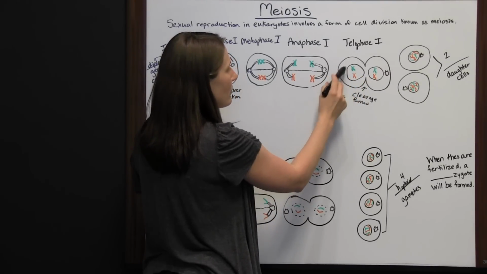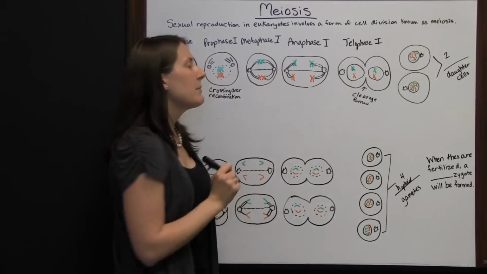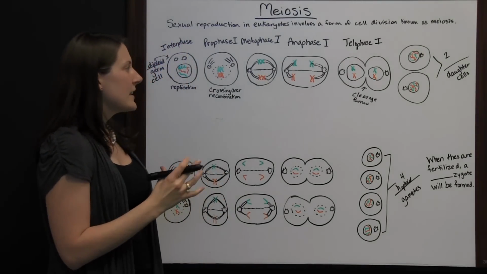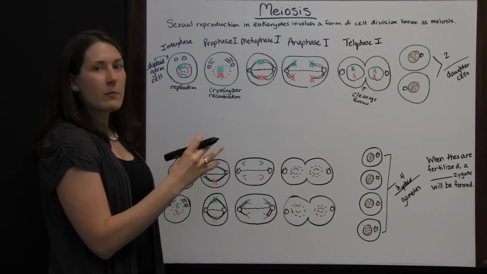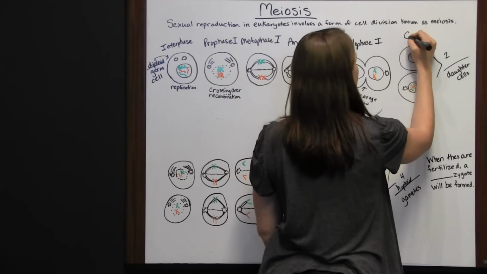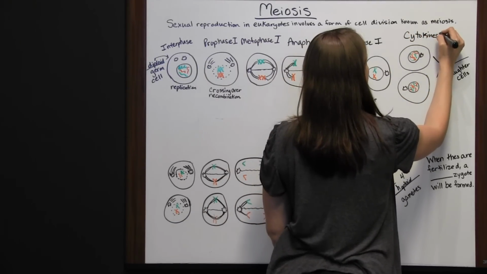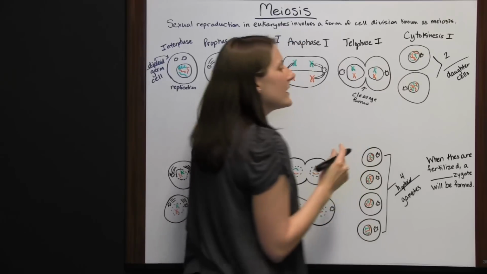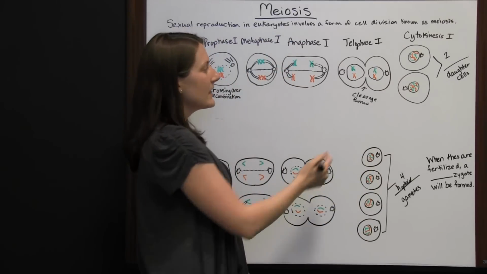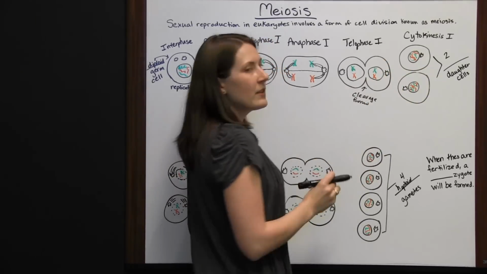The microtubules that have been connecting the chromosomes and pulling them apart have receded, and the genetic material is encased in a nucleus again. And then this last part is cytokinesis 1, where the cytoplasm is split, and there is a definite split made between those 2 cells.